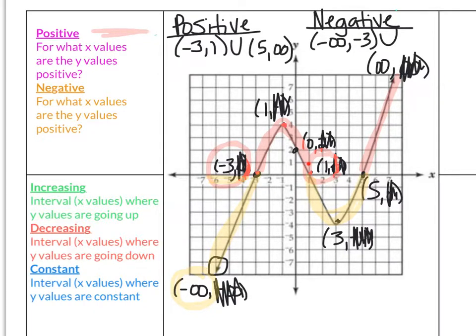Then I have a new piece right here that starts at 1 and goes all the way to 5. Union 1 to 5. Once again, everything has parentheses. All right, so that is positive and negative.